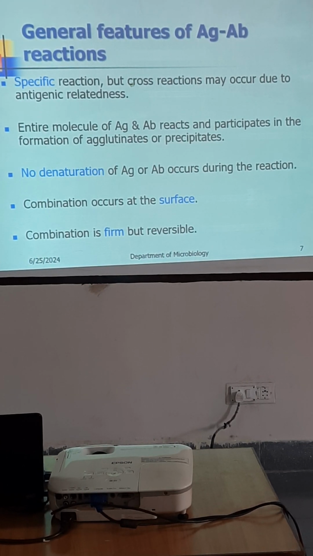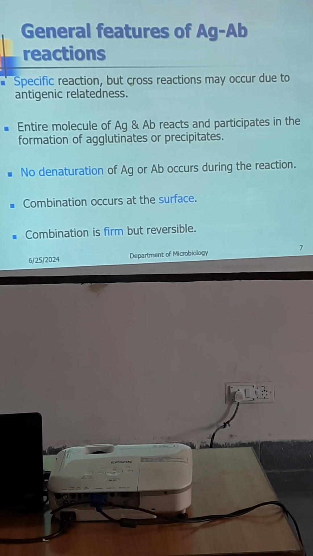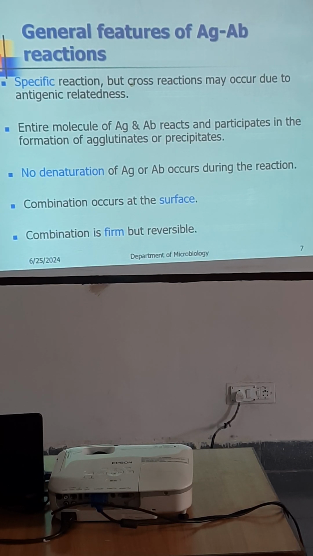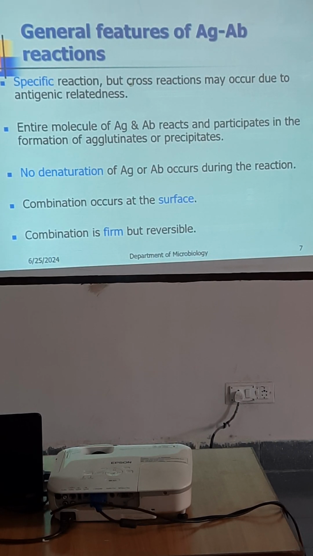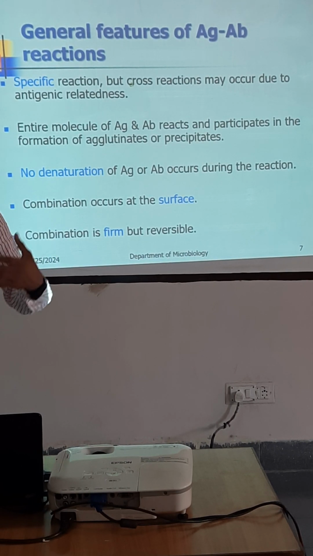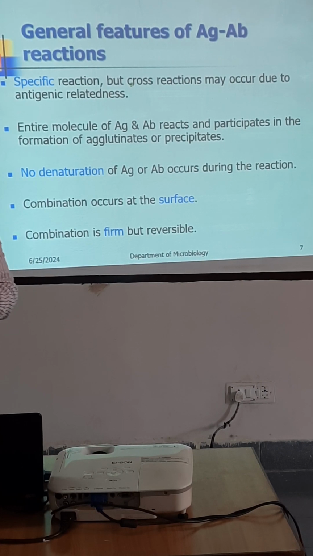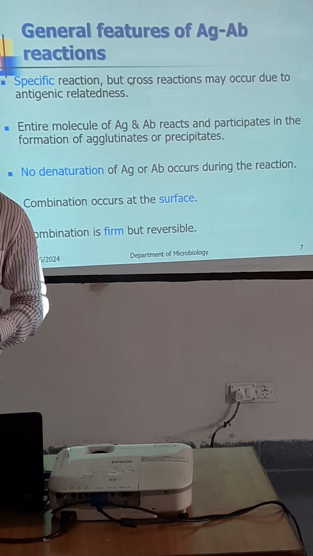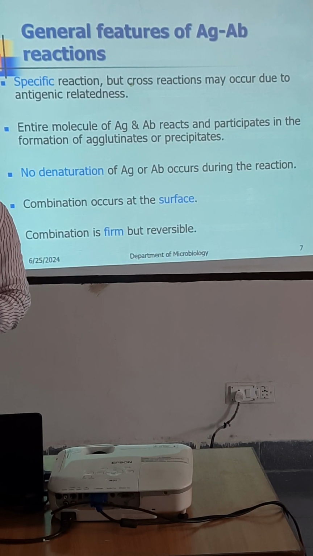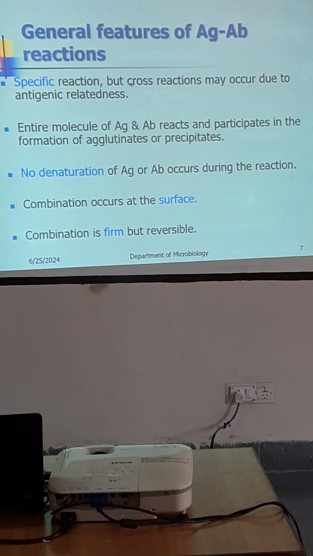But there is no denaturation. Antigen antibody complexes combine, and that leads to certain kinds of destruction, but this destruction is not at this particular level, it is afterwards. So during this reaction, when antigen combines with the antibody, there is no denaturation of the complex, and this complex is always formed on the surface.